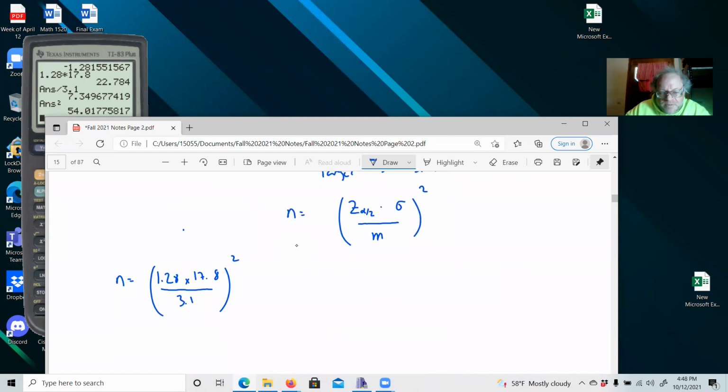So this was 80%. I don't exactly know what this new one is going to be, we could figure it out, but it's times 17.8 divided by 3.1, squared.